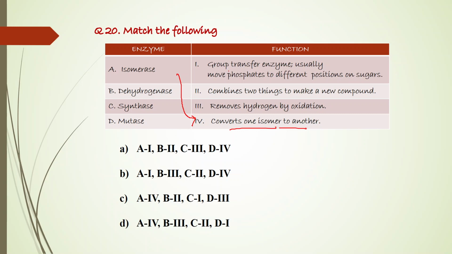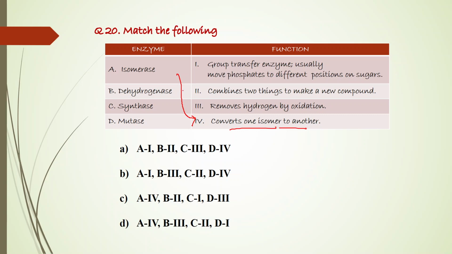The next one is dehydrogenase. Again, from its name itself you can understand what dehydrogenase will do. It will remove hydrogen. Dehydrogenase means dehydrogen, that means you are removing hydrogen. So obviously removing hydrogen will lead to the oxidation of any species.